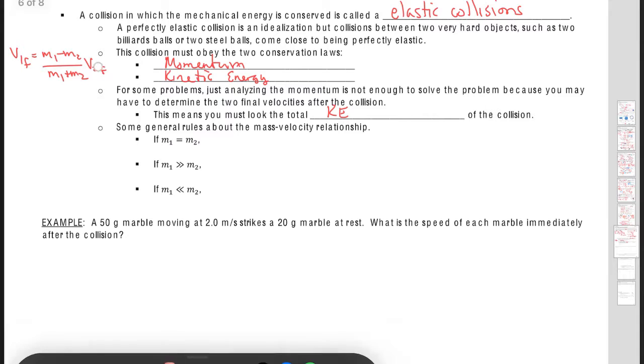If you have to find both velocities after the collision, the final velocity of the first object will be simply the difference of mass over the total mass times the initial velocity, v1 initial. I'm not going to show you the algebra, because it's very tedious.